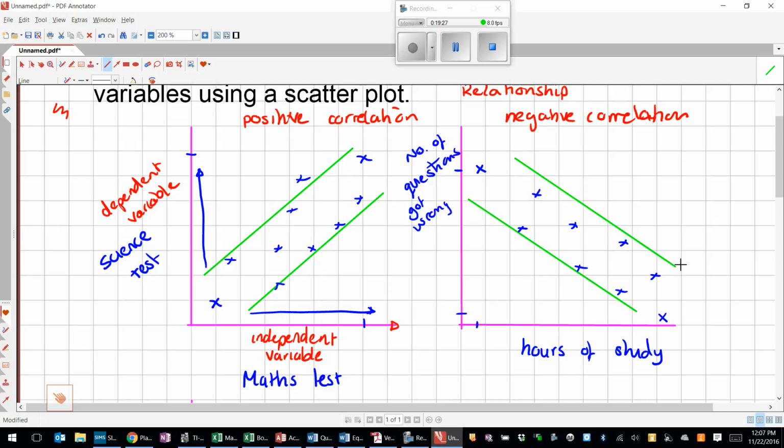Have you done positive and negative gradients? Yes, in maths investigation. Positive and negative gradients. Okay, so that helps. So we've got a negative correlation when the dots are going this way down.